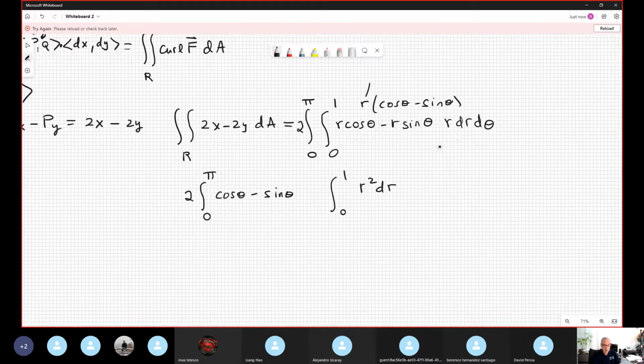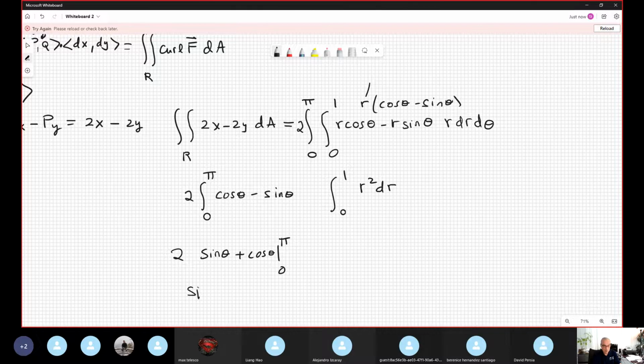Okay. The antiderivative of cosine is sine. The antiderivative of sine is minus cosine, but we have a minus in front, so it is plus cosine. Evaluating between 0 and pi, and don't forget the multiplication by 2. So, let's do it.